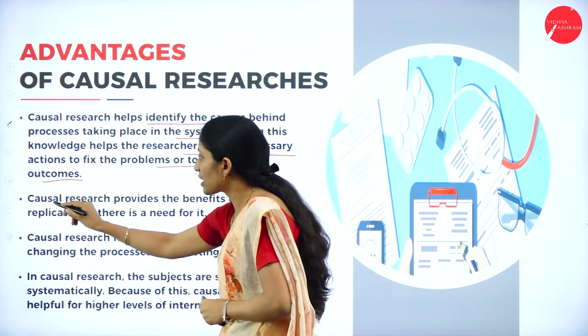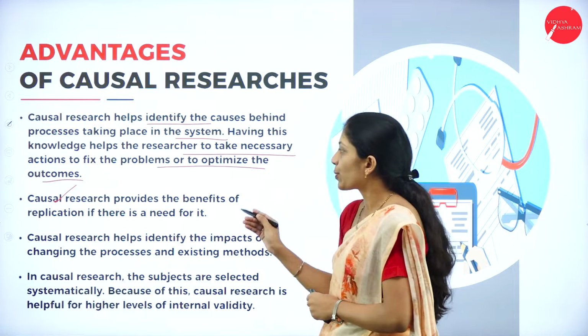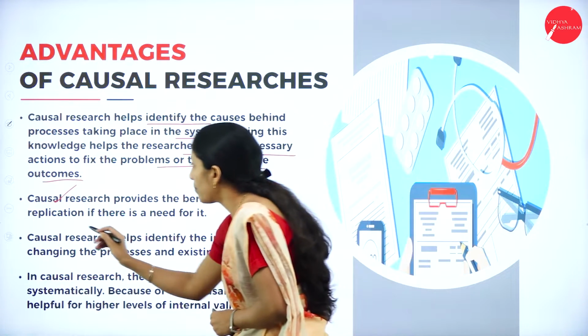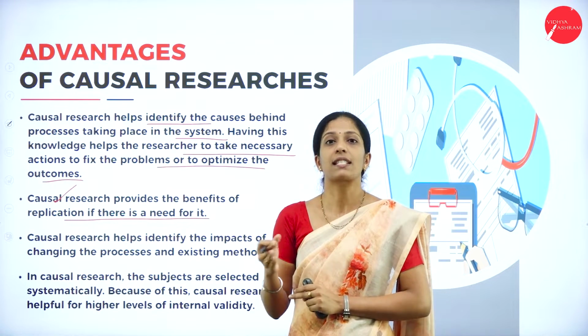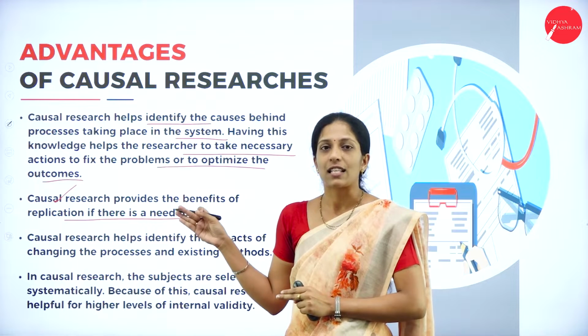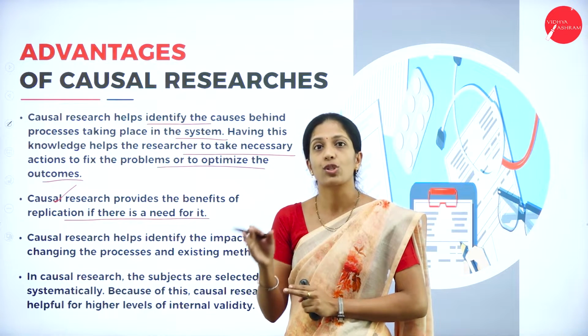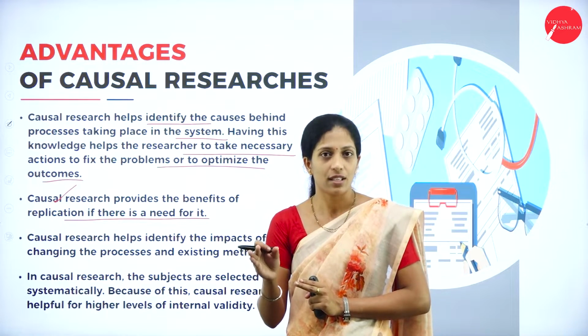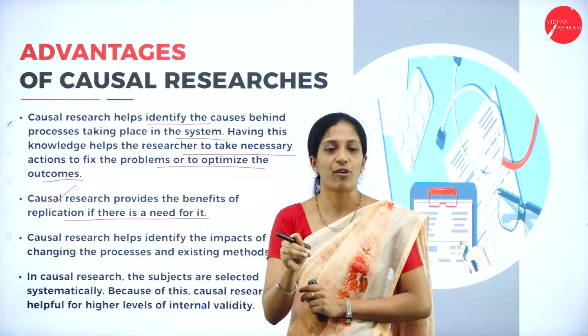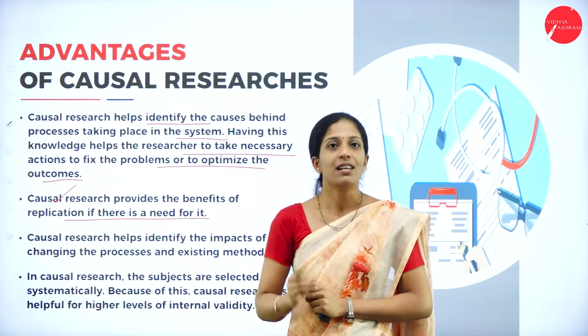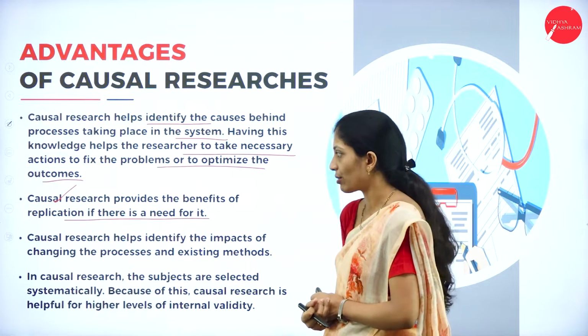The next advantage: causal research provides the benefits of replication if there is a need for it. Now, what do you mean by replication? Similar. Under experimental or causal research, we can apply the same solutions to a particular problem. Similar types of problems can be solved with similar types of solutions also.